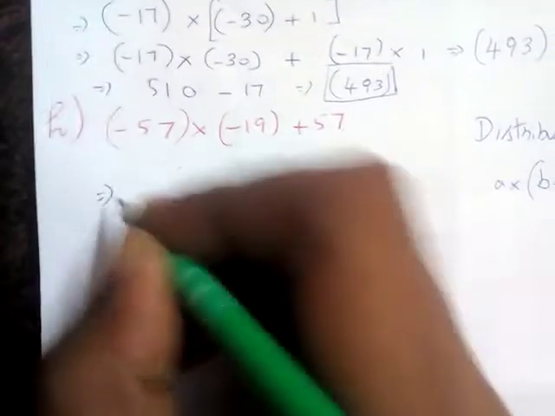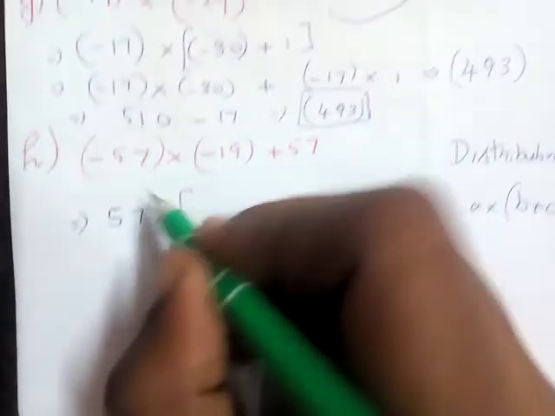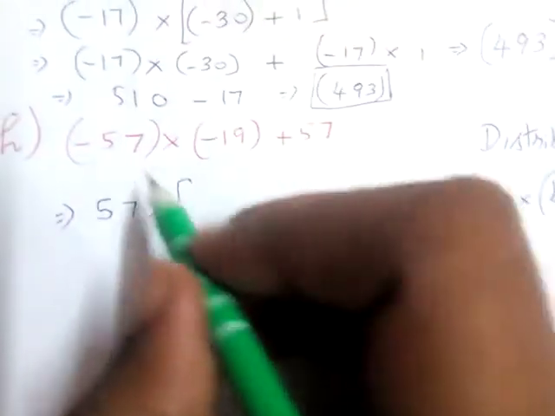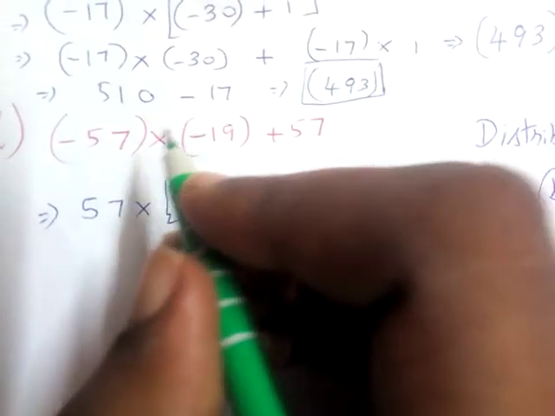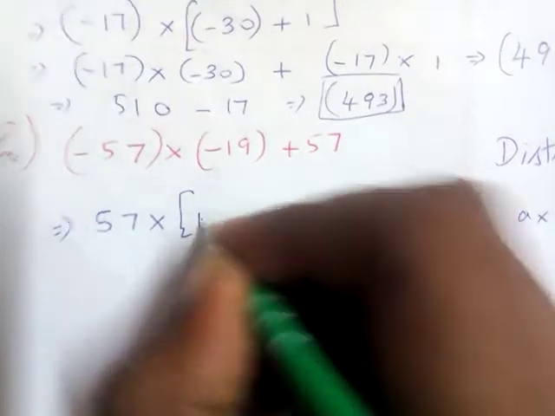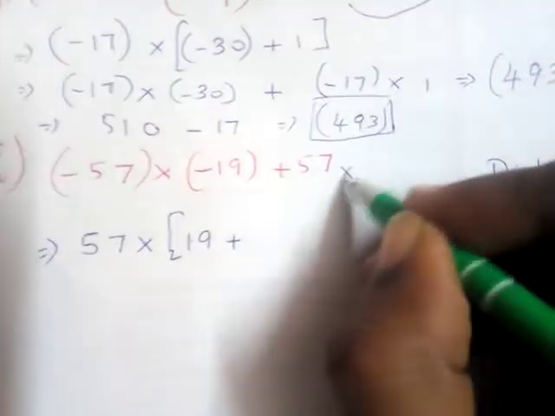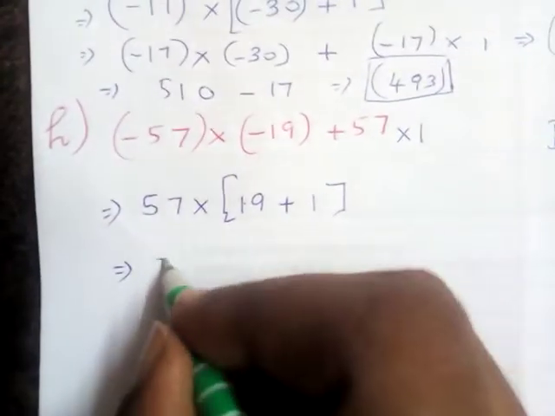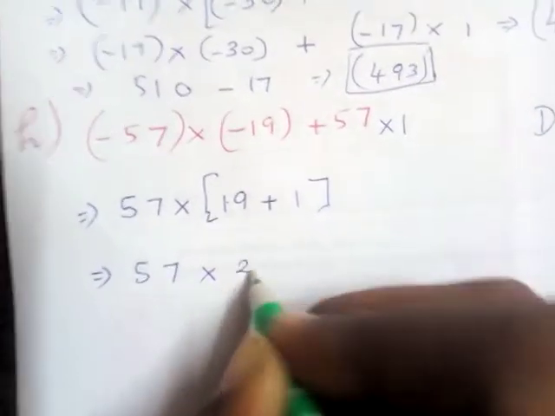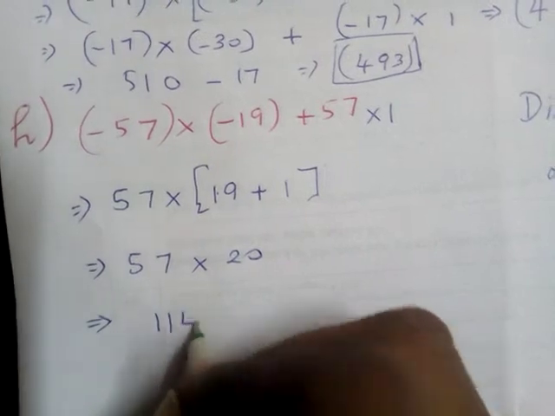I'm going to take 57. If you take 57 out, it should be minus 1 into minus 19, which gives you a positive integer, that is 19. And here it's 57 into 1, so if you take 57 out, it should be plus 1, which gives you 57 into 20. The final product is 1140.